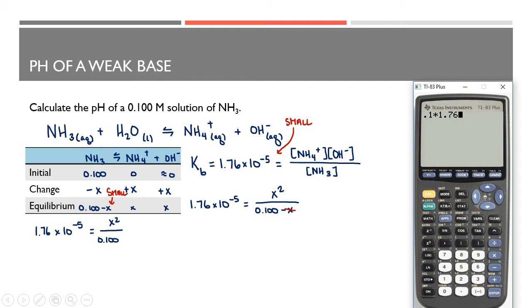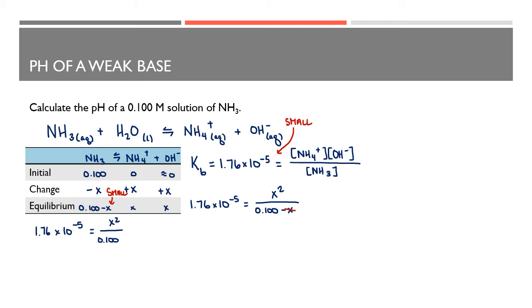I'm going to cross multiply here with my calculator. So 0.1 times 1.76 times 10 to the negative fifth is 1.76 times 10 to the negative sixth. So x squared is equal to 1.76 times 10 to the negative sixth. Now I'm going to find the square root of both sides.